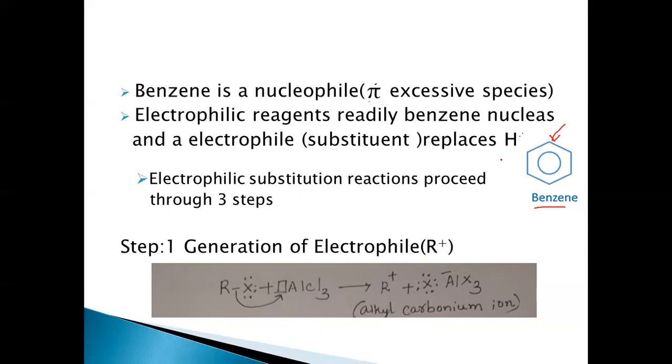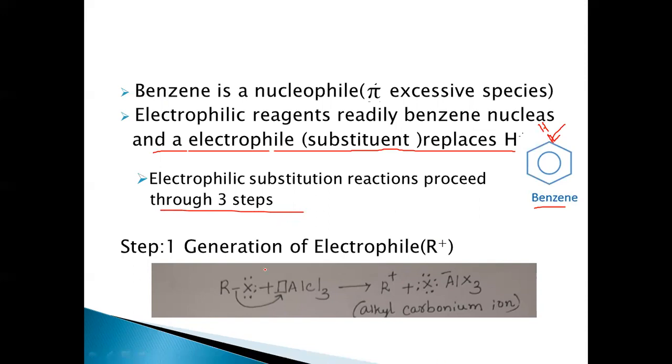So an electrophile replaces the H here, hence the name electrophilic substitution reactions, and the mechanism can be seen in three steps.